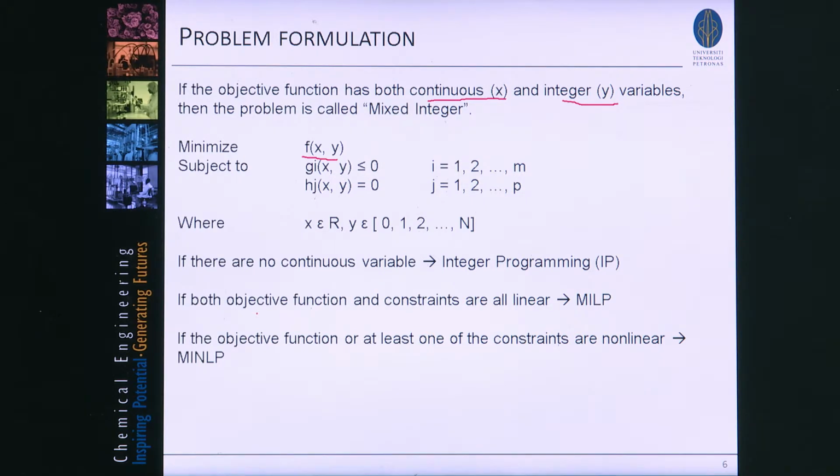If all of them are linear, that means we have mixed integer linear programming. If any of these, the objective function or constraints, either equality or inequality constraints, is non-linear, that means we have a mixed integer non-linear programming problem at hand.